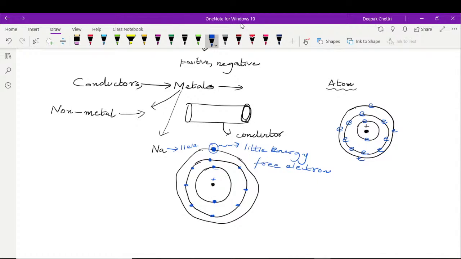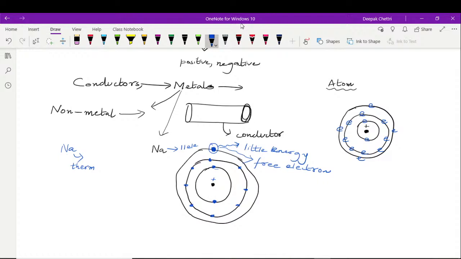They will be there, but if somebody supplies a little bit of energy, then they can come out, right. And in fact, if I keep sodium at room temperature, if I just keep it in my hand also, it will have enough energy. These electrons will have enough energy to come out, because at room temperature it will receive certain thermal energy, right.